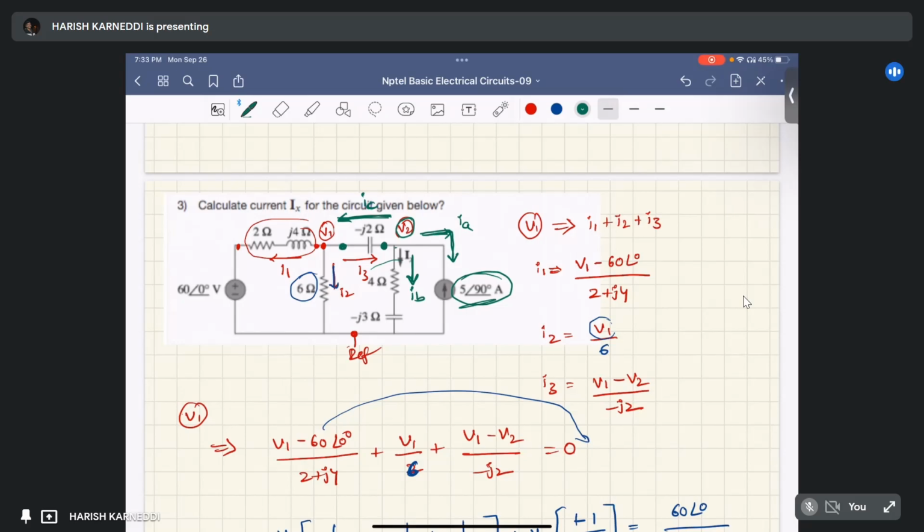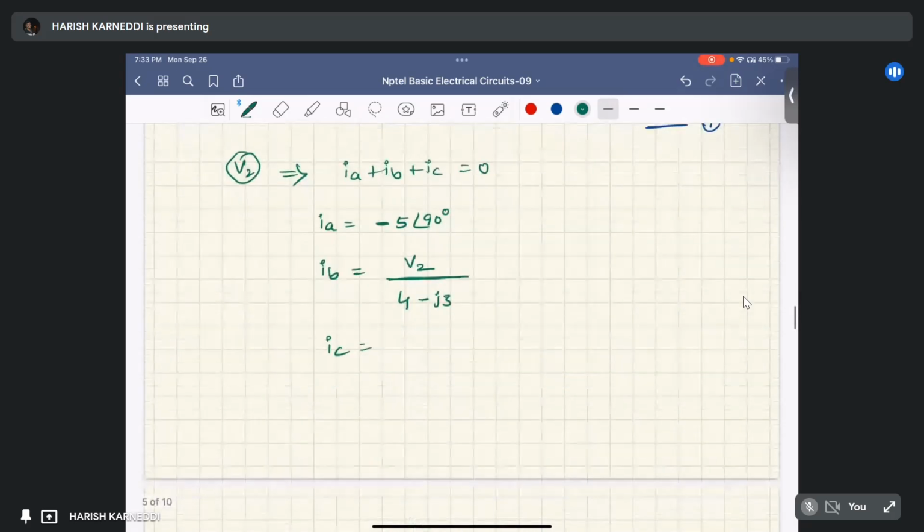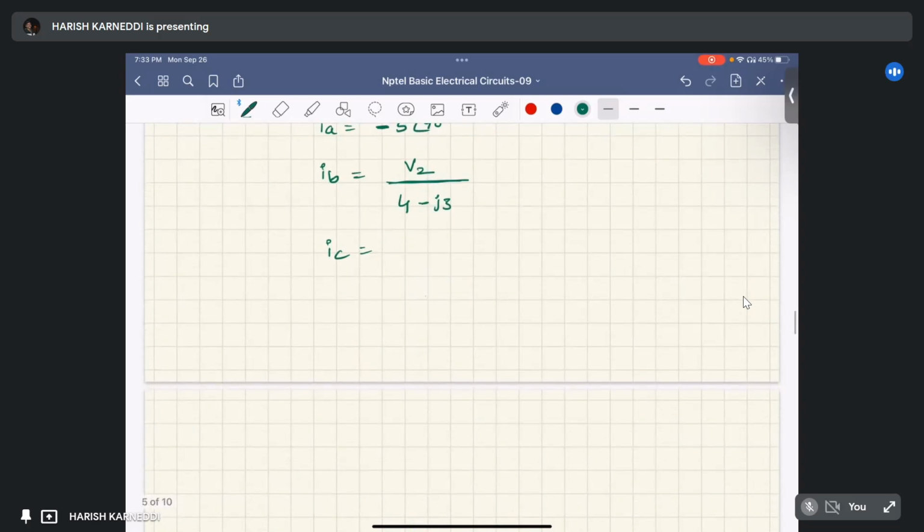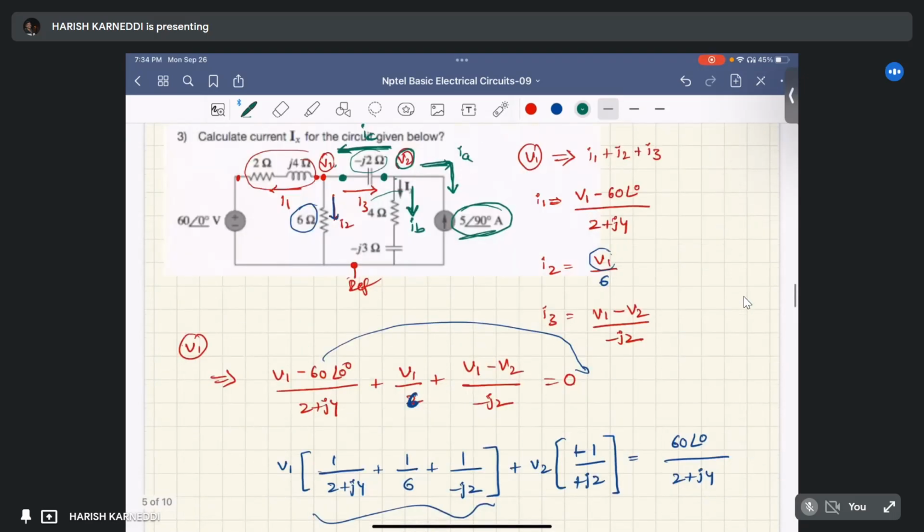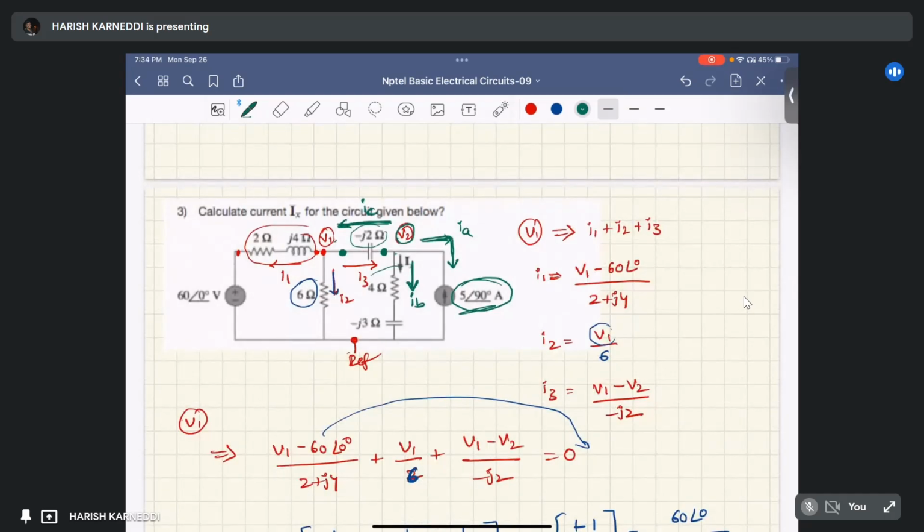The impedance of the capacitor is minus j2 ohm. So we can write IC equal to V2 minus V1 by minus j2 ohm.